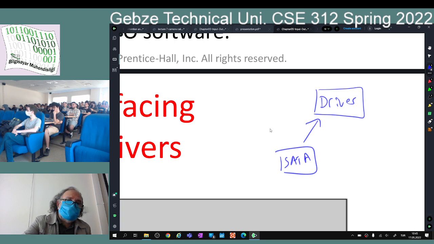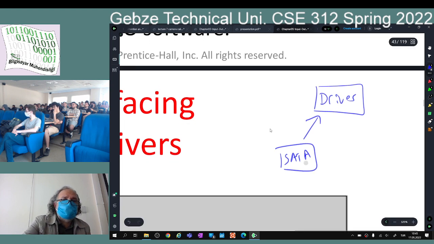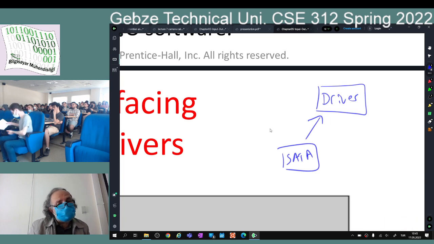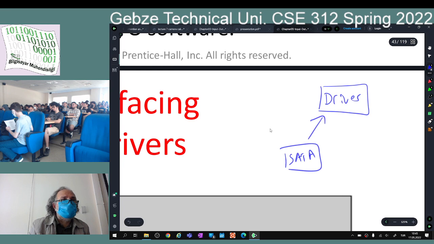Without implementing all of these, you don't become a concrete class, and without becoming a concrete class, you cannot install yourself into the operating system, because the operating system needs a driver. It needs driver software.